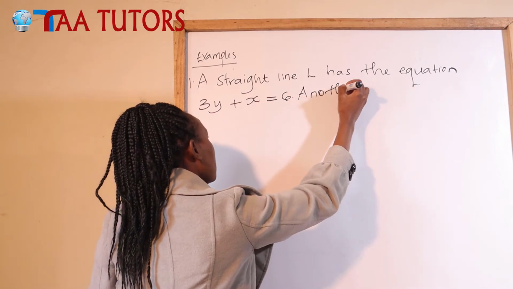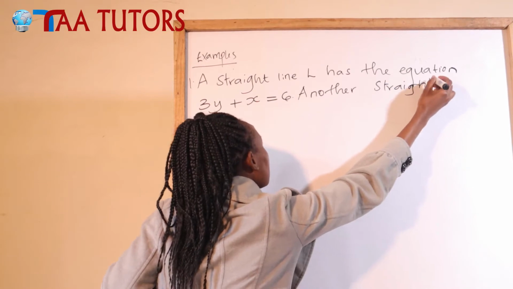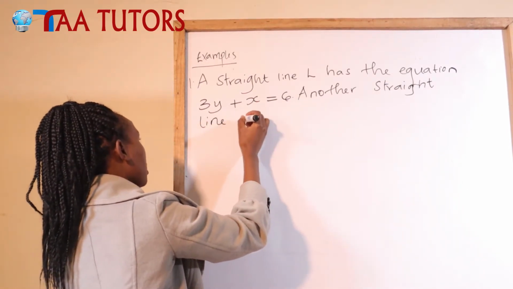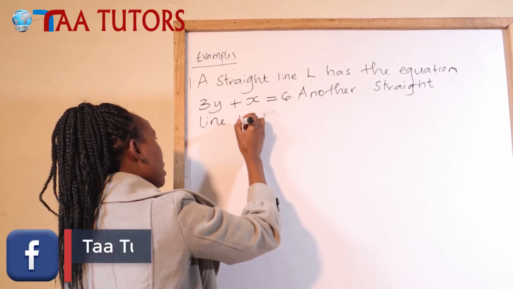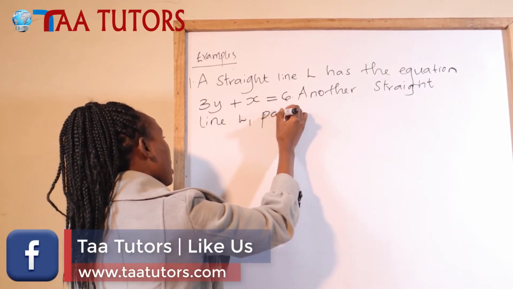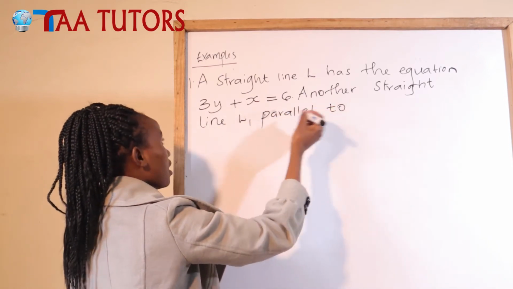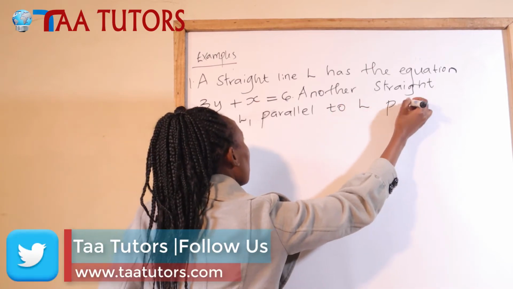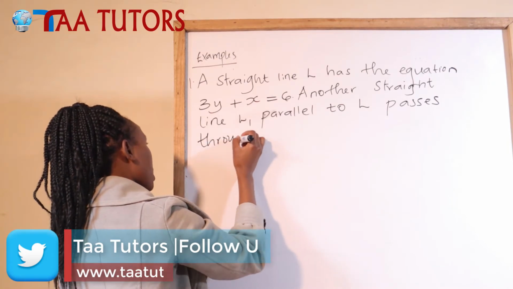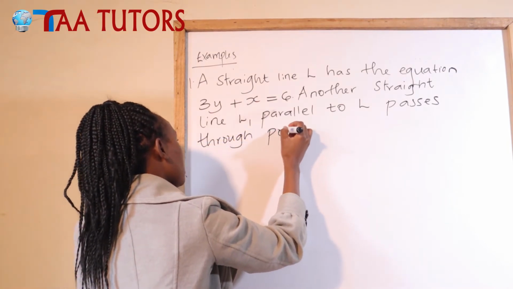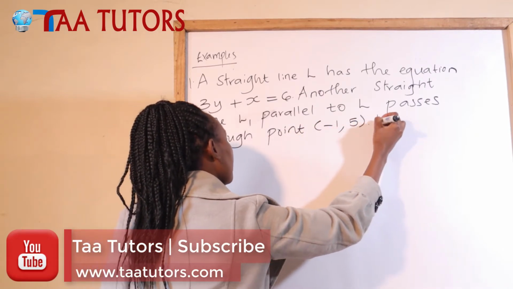Another straight line L1, parallel to L, passes through the point (-1, 5).